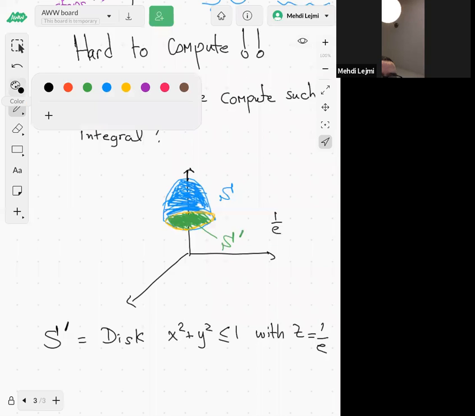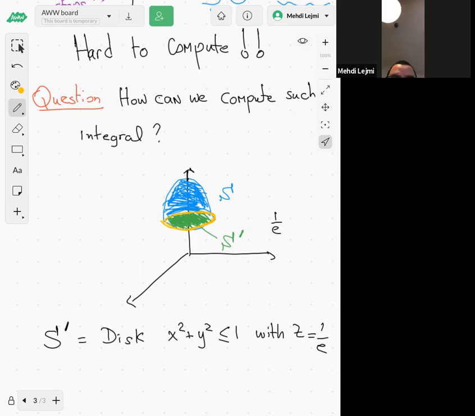Both of them have as boundary this circle, x squared plus y squared equals 1, at the height z equals 1 over e.